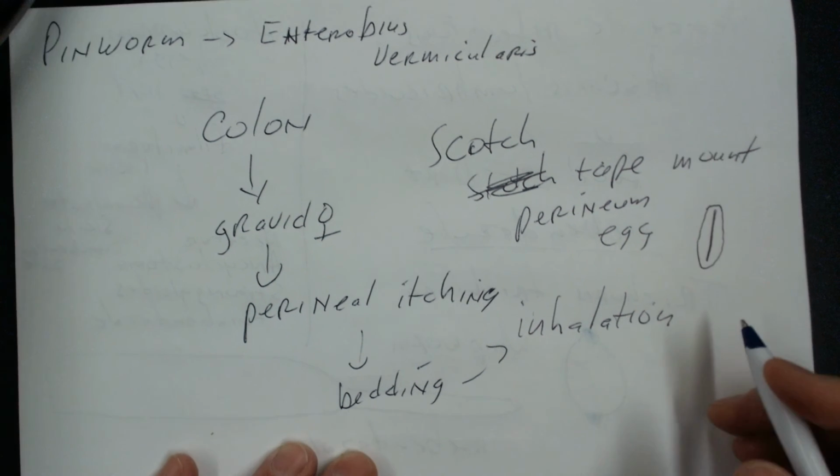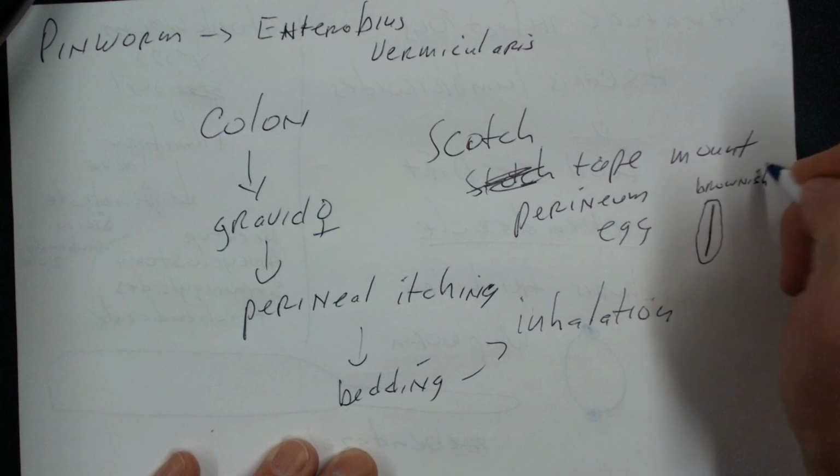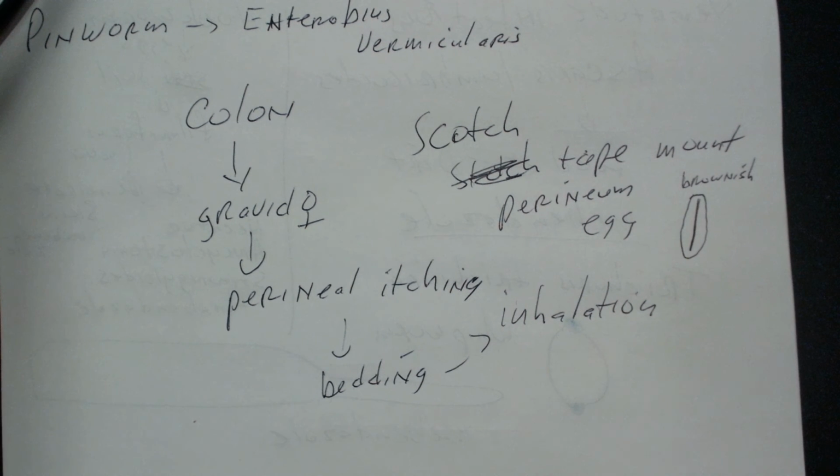You can't miss them. And they're usually brownish. And the female will dump anywhere from 5,000 to 16,000 eggs on the perineum.